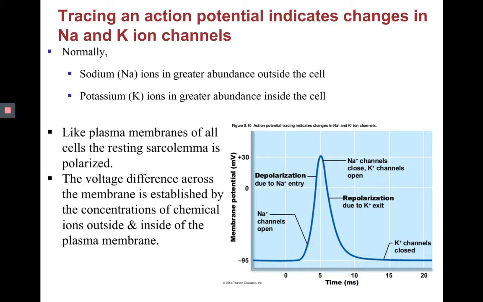Is it because of the concentrations of chemical ions across that membrane? And we found out that indeed there is a local voltage difference across plasma membranes, and specifically for things like nervous tissue and muscle tissue, their cell membranes have an important voltage difference, wherein the negative inside, if changed, can create an action potential in that membrane.